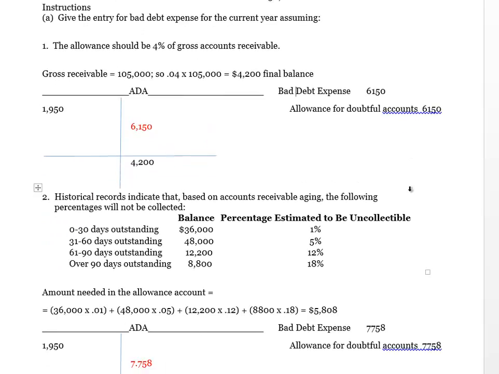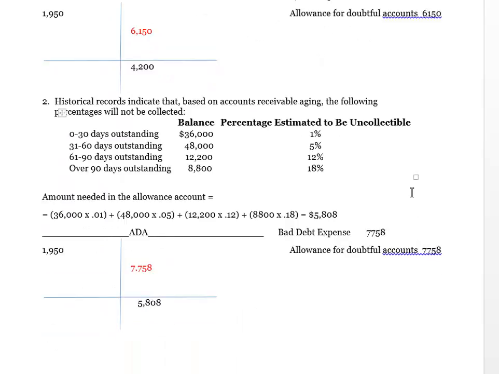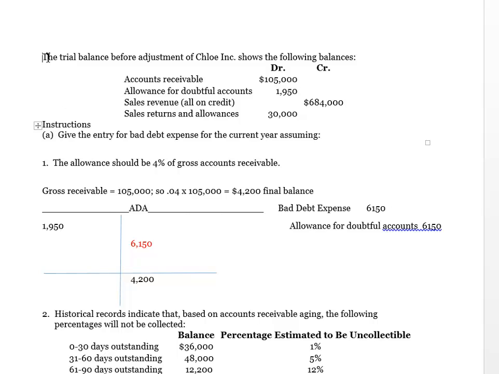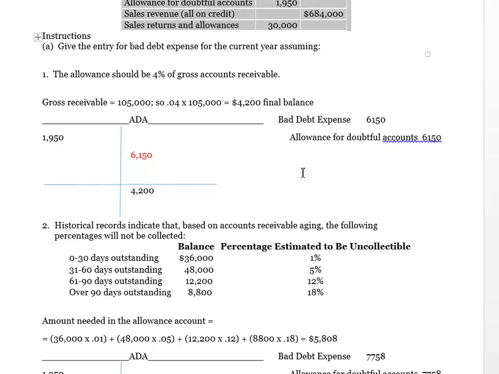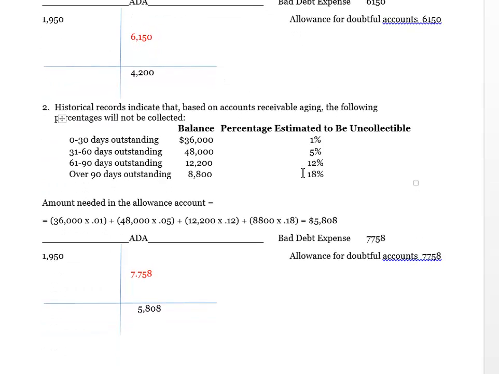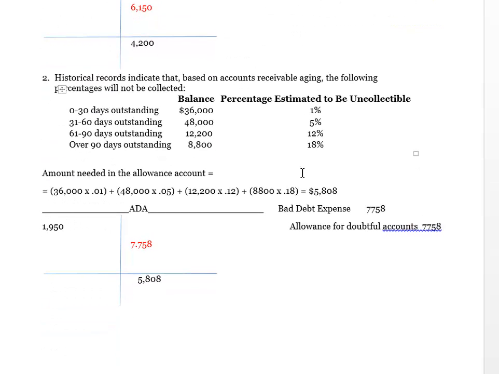In the next independent scenario, they tell us here, again using this data, we also know that our historical records indicate that accounts receivable amounts are estimated based on their aging, or how old they are. We estimate based on that age that in the 0 to 30 days outstanding, 1% of $36,000, or $360, won't be collected.